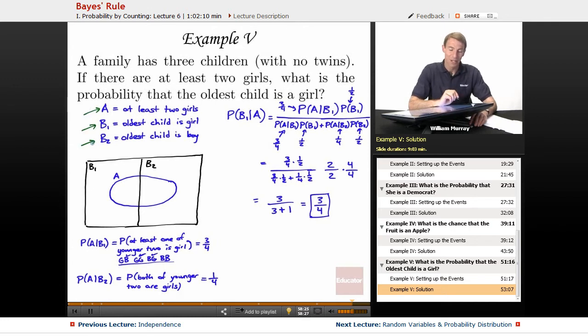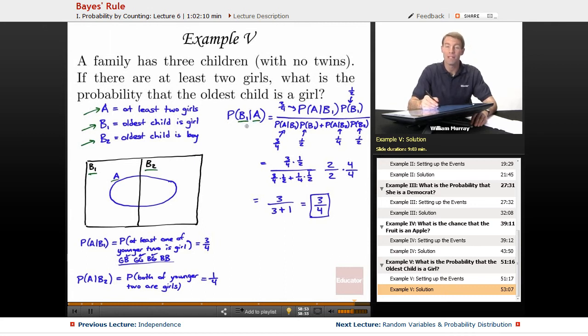So B1 is that the oldest child is a girl, B2 is that the oldest child is a boy, and that divides my world into 2 disjoint events. But the event of there being at least 2 girls, that overlaps both of them. And we want to find the probability that the oldest child is a girl given that there are at least 2 girls.